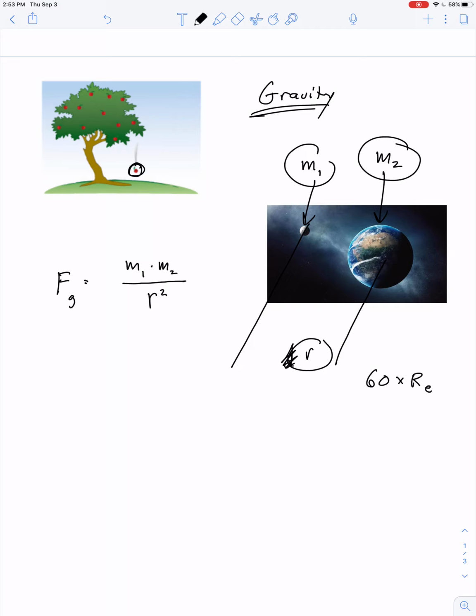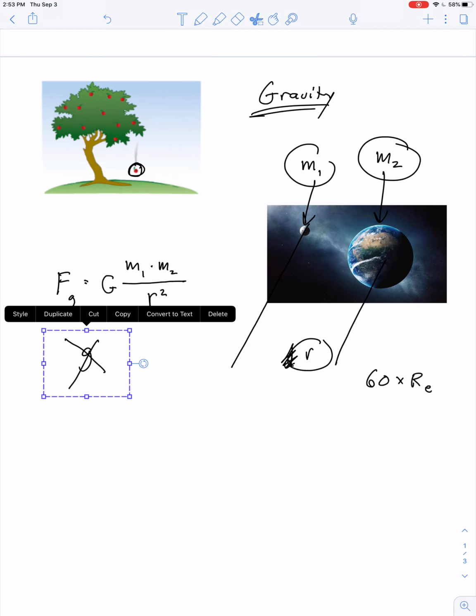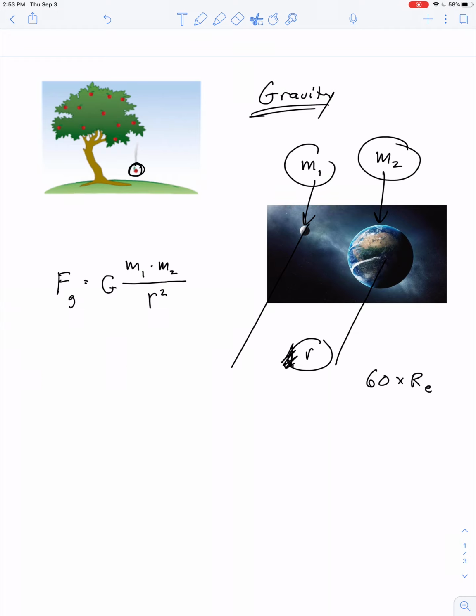Of course, dimensionally, those units wouldn't work out. That would be kilograms times kilograms over square meters, and that's not a Newton. So there's a constant of proportionality that goes into this equation. Turns out it's a very small number, so we give it the symbol capital G, not to be confused with lowercase g that represents acceleration due to gravity on Earth. Here we're talking about a much different universal constant.